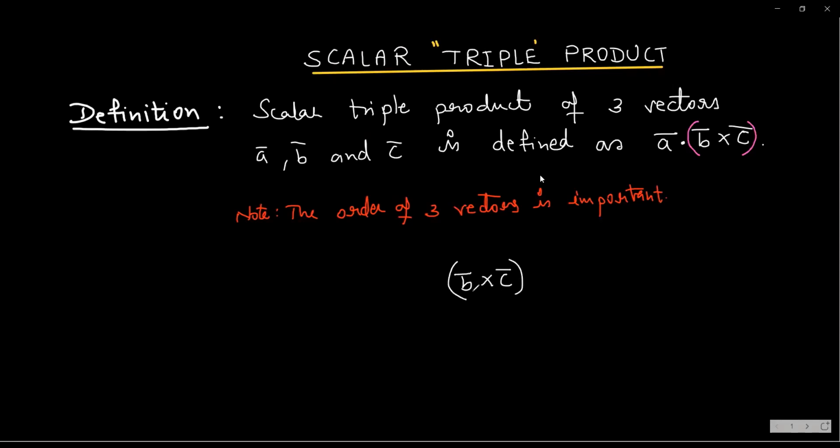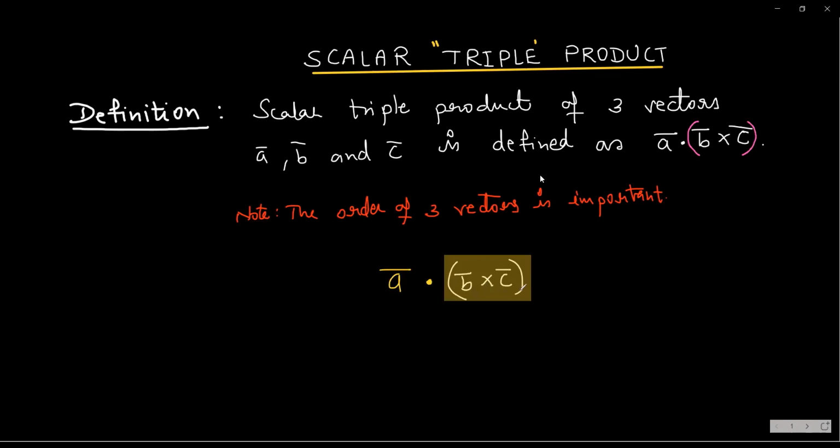As you know, students, when you get the cross product of B bar and C bar, you get a vector. And that vector, you will take the dot product of this vector with A bar. That is what it means.